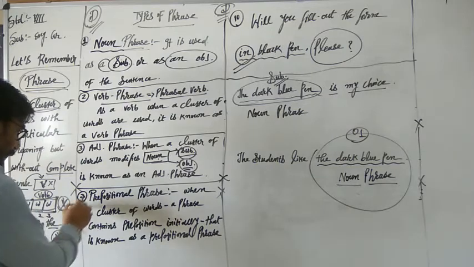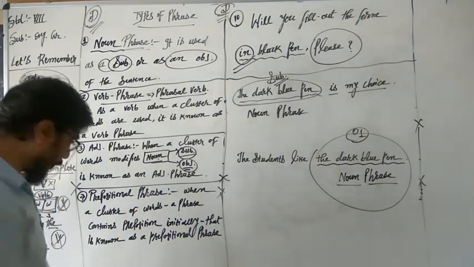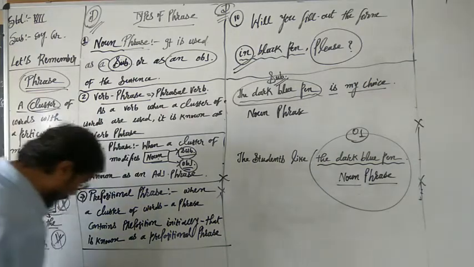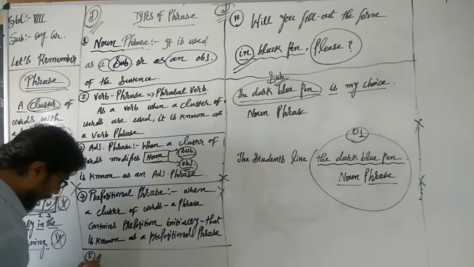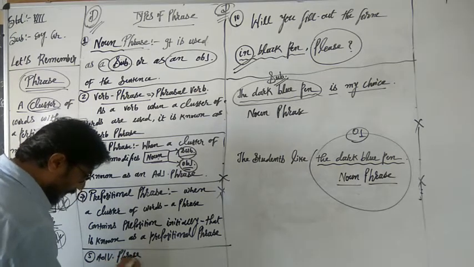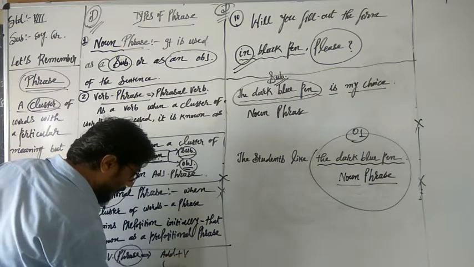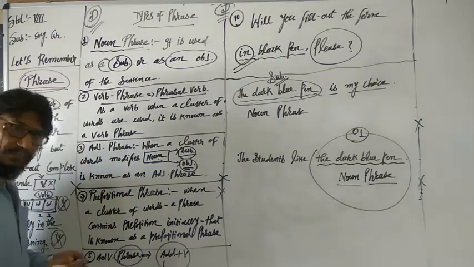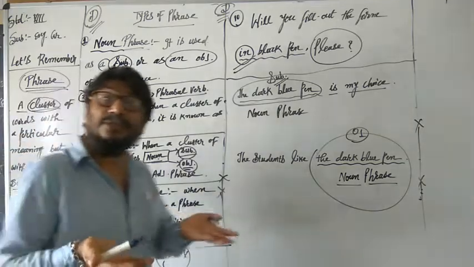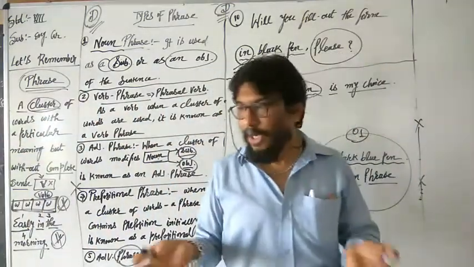A prepositional phrase initially starts with a preposition. And the last one, which we have also completed: if a phrase is additional to the verb, that is known as an adverb phrase. Got the idea?